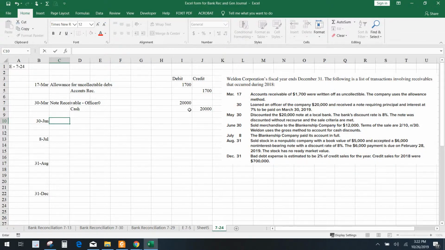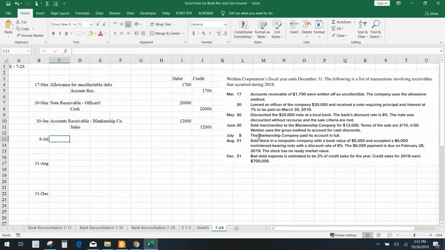So we're going to use the 12,000, and we debit accounts receivable, Blankenship Company, 12,000, and then we credit sales, 12,000.